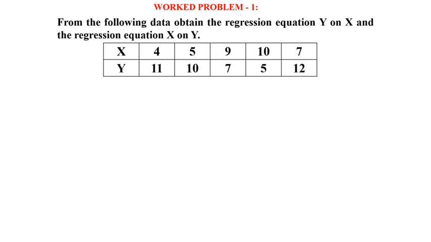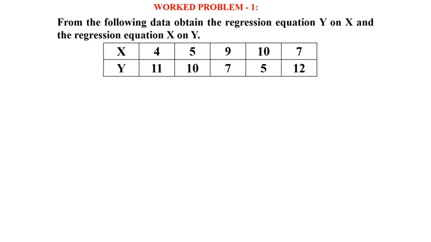Okay, let us work out a problem on the basis of regression coefficients. The problem is given: we have to obtain the regression equation of y on x and the regression equation of x on y. Five variables have been taken for making you understand how to solve the problem. Only five variables have been taken.